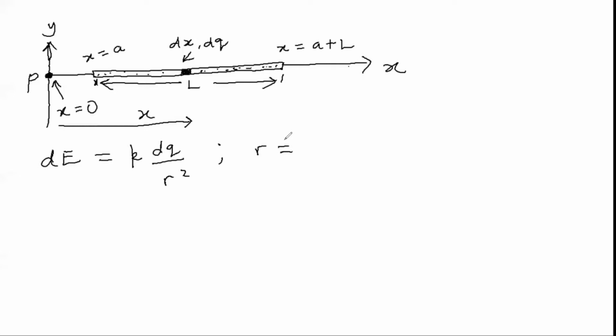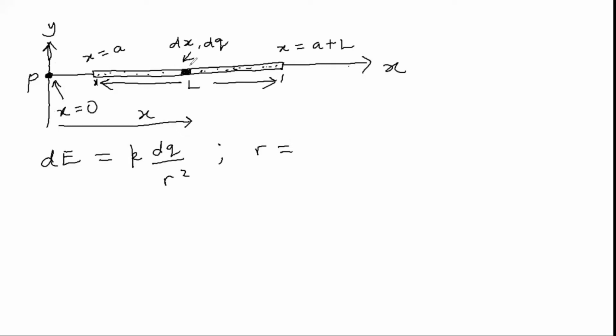Okay, are you sure? Remember, r is the distance from the charge to the point of interest where you want to calculate the electric field. So in this case, r will be equal to what? r in this case is just equal to x. Remember, we had said that the distance from here to here is nothing but x, the same distance from here to here.